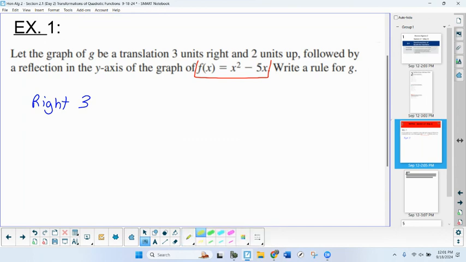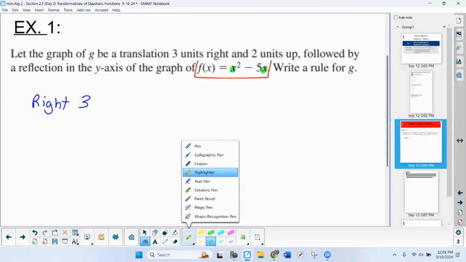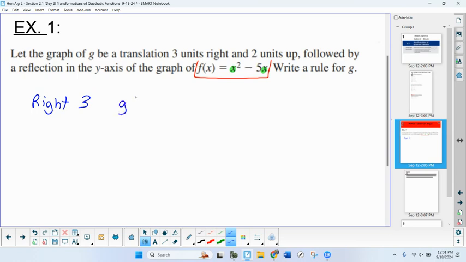Everywhere I see an x, I do parentheses x minus 3. Okay, so I have g of x equals parentheses x minus 3, parentheses, squared on the outside, minus 5, parentheses, x minus 3, parentheses. So each of those x's were replaced with parentheses x minus 3.